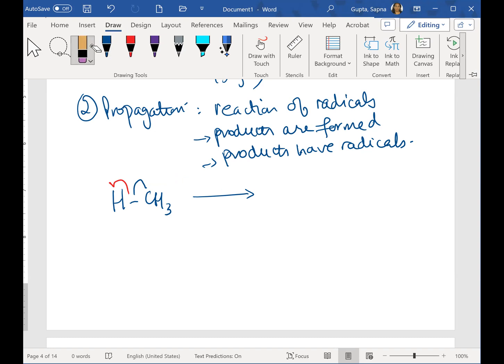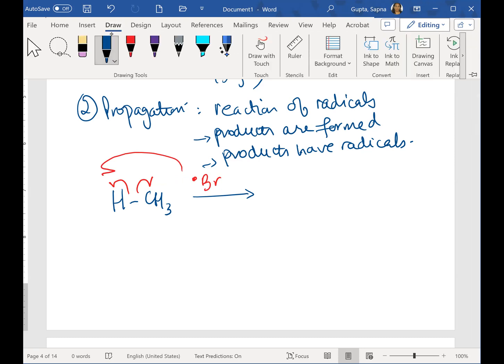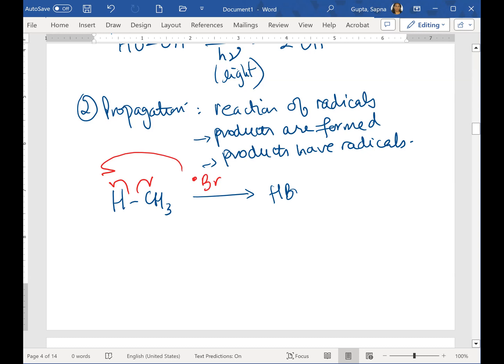Sorry about that. Here. This way. And here is the Br, which is going to form a bond with H. So you end up getting HBr, and then you end up getting CH3 radical. So this is the bond breakage that is happening.